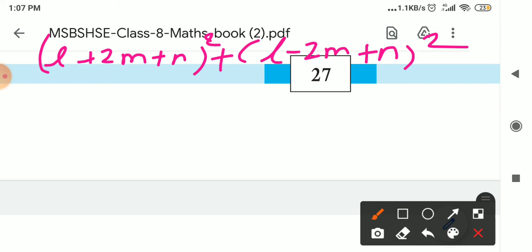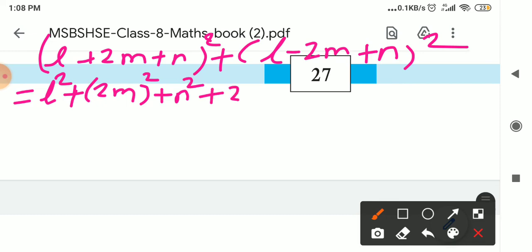So first of all, do the factorization of this bracket. According to the formula, first term square, second term square, and third term square, plus 2ab means 2 into l into 2m, plus 2bc means 2 into 2m into n, and 2ac means 2ln.